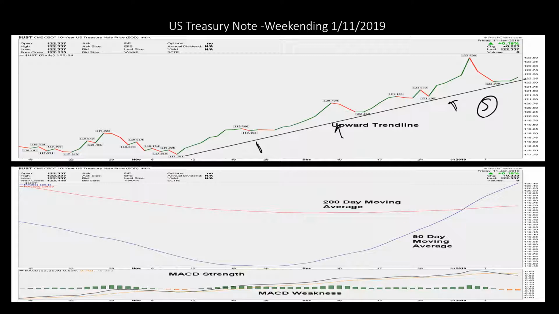Notice that it has on occasion tested it but bounced right off and has gone higher. Another healthy aspect to this price chart is the fact that since the rally started, the lows are higher every time. Again, that shows a healthy index.